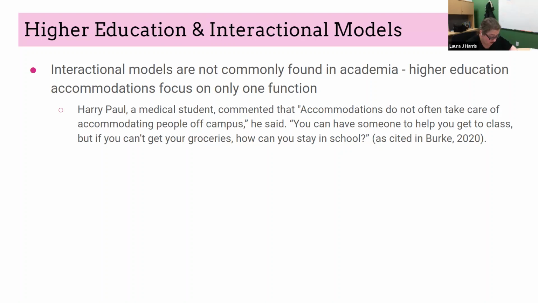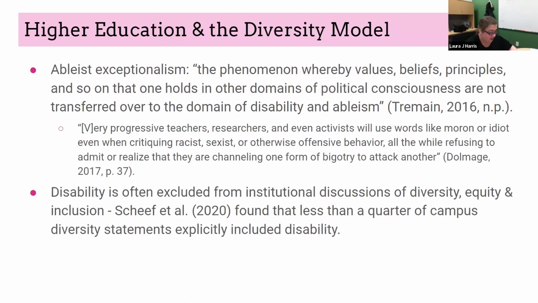And I was wrong, I actually have one more model to discuss, the diversity model. So there's this concept of ableist exceptionalism, and this is the idea that someone may be supportive of social justice in general, but for some reason that's not transferring over mentally into the area of disability and ableism.